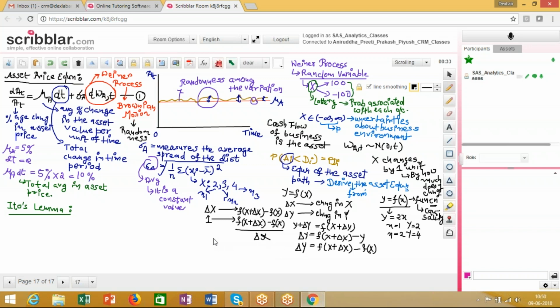So when x changes by 1 unit, y changes by delta y, which is f of x plus delta x minus f of x by delta x.